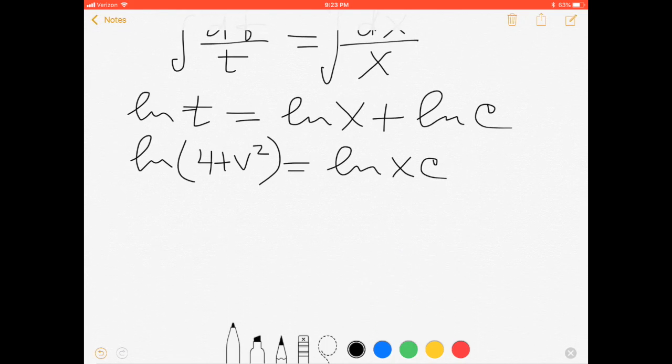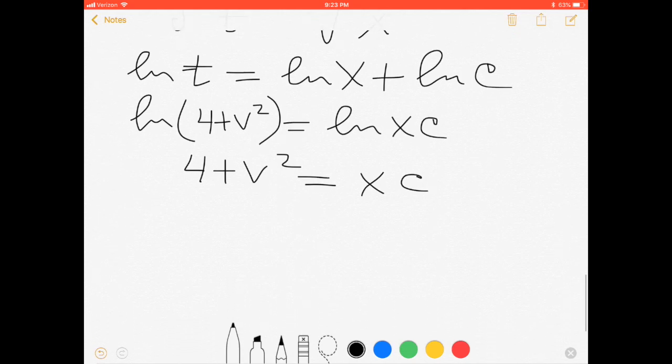It means 4 plus v squared equals xc. Here we remember what v is. This means y squared over x squared equals xc minus 4.